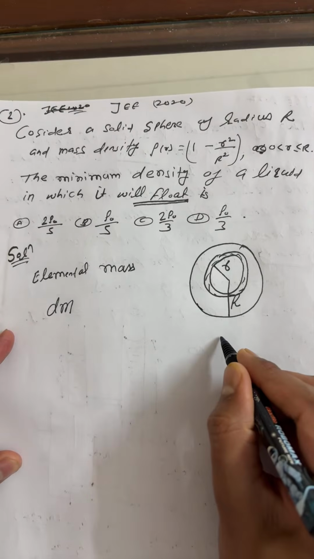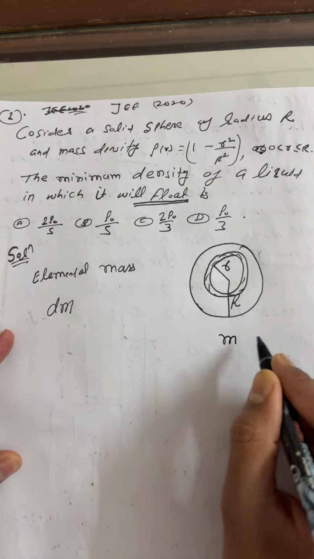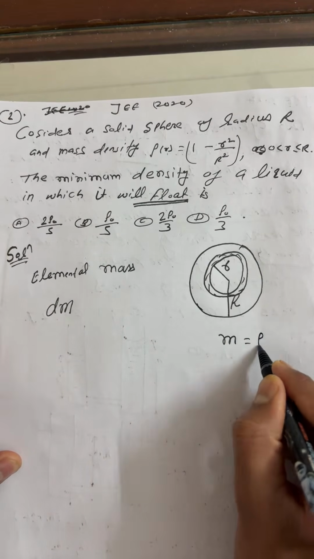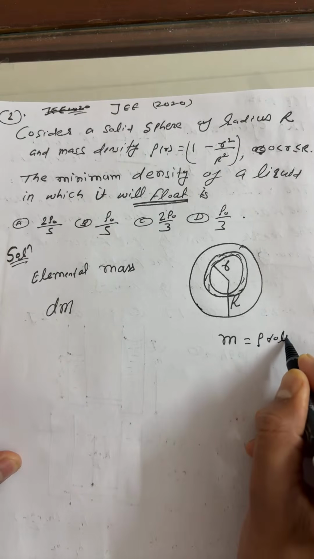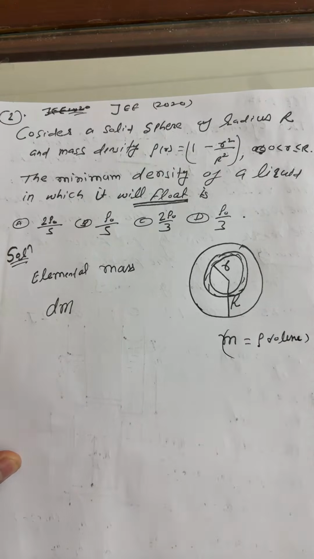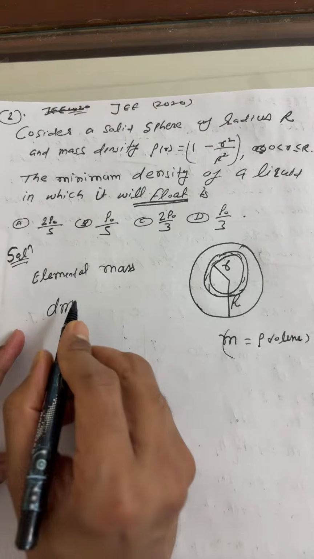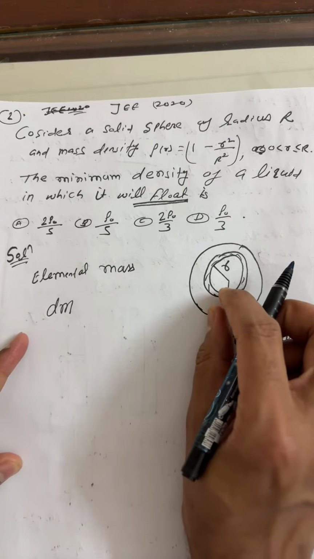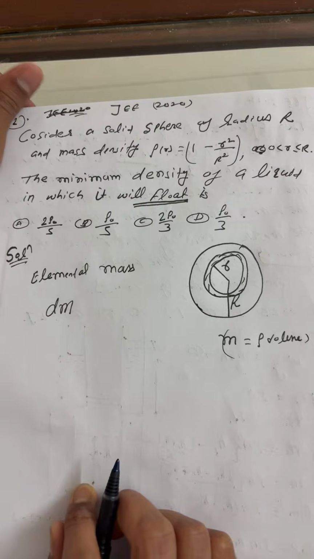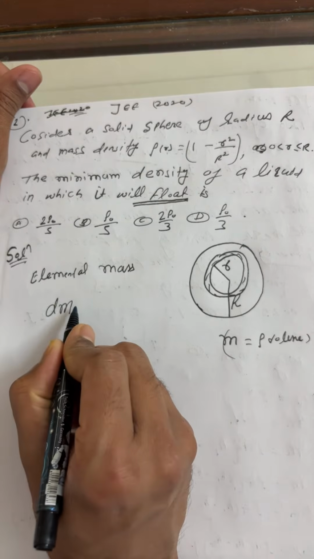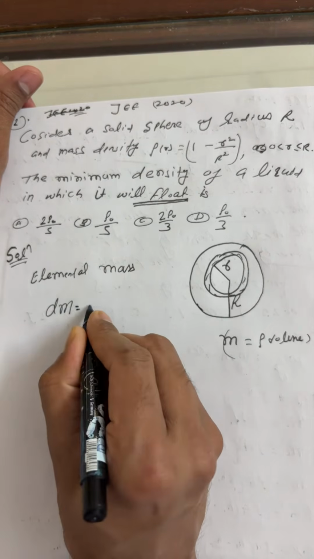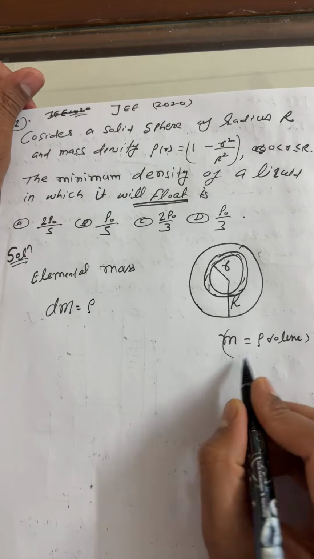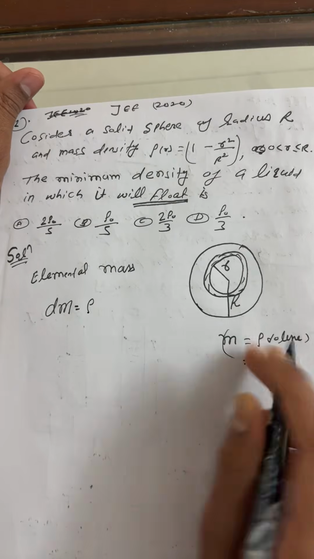Here again I'll use a simple concept: mass is density into volume. So this is dm, mass, because we are doing the operation for a small element. So this is rho, and what is the volume of the sphere here? Rho is already mentioned.